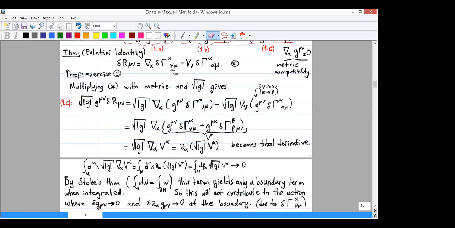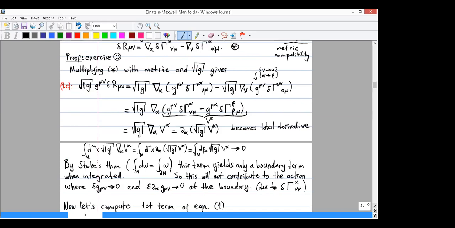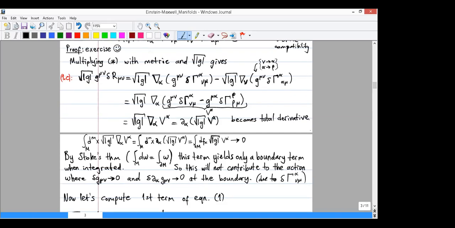So let's multiply this star equation with the metric and square root of G, and that gives us square root of G times g^mu_nu, the inverse metric. As we have the metric compatibility, it goes directly inside of the covariant derivative here also. Please try to follow the steps and ask if you have any questions.